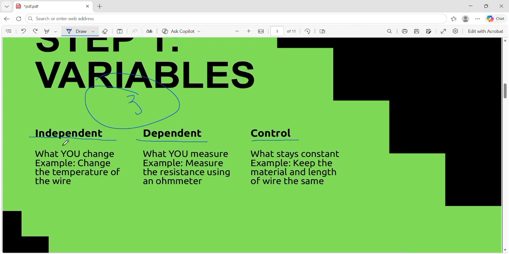So independent is what you change, for example, changing the temperature of the wire. Dependent is what you measure, for example, measuring the resistance using an ohmmeter, or measuring the current of any circuit component using an ammeter. And control is what stays constant, meaning keeping the material and length of the wire the same.